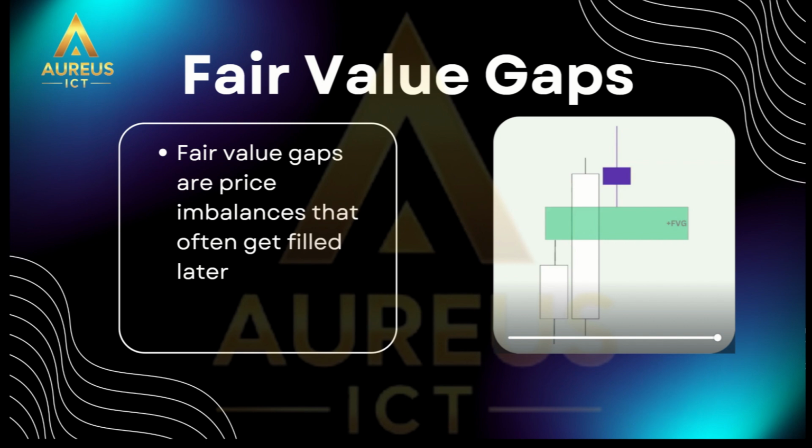And by PD array, what I mean is premium and discount arrays. Let me not bombard you as of now, but just know that these concepts that I've just talked about are called PD arrays.